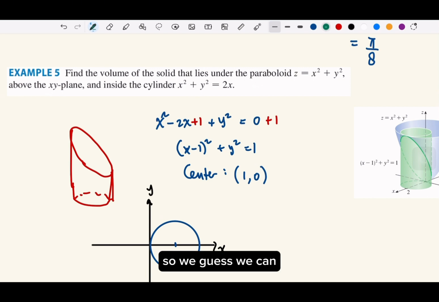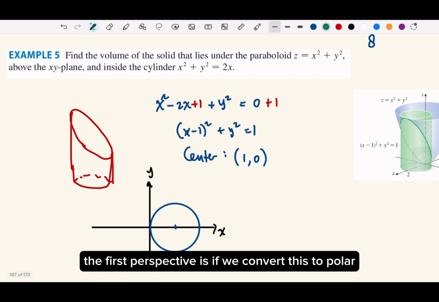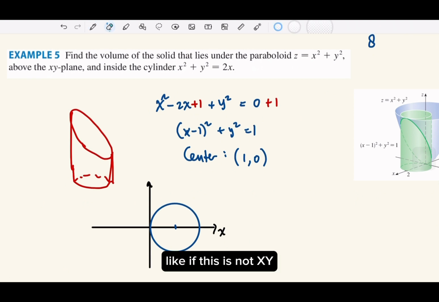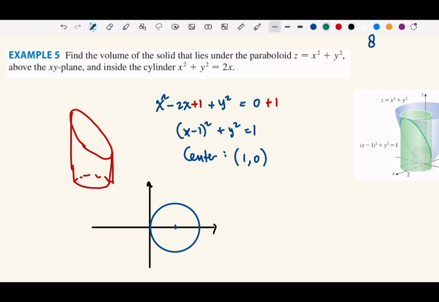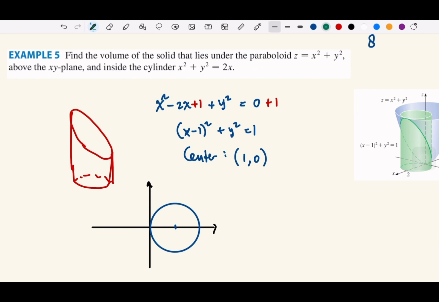We can get it correct from at least 2 perspectives. The first perspective is if we convert this to polar. If we have a circle on the right and left, the function is cosine theta, minus cosine theta. On the top will be sine, the bottom will be negative sine.